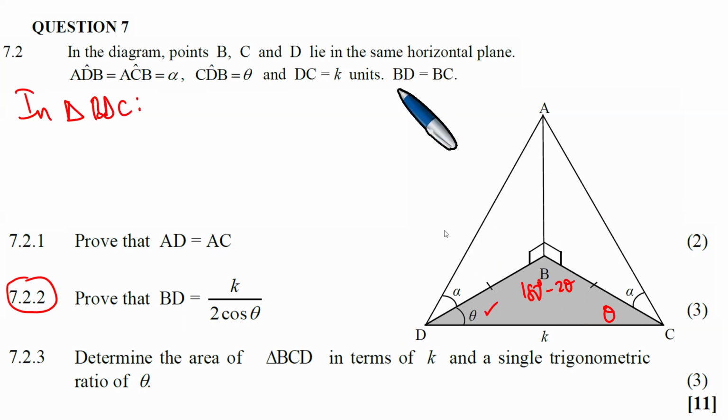Okay, good. Which triangle should we use? Obviously it can be any triangle, but it is a triangle that has the side BD, and that is the bottom triangle. Yes, the sine rule, because there are no square roots and other things. Here we're going to use the sine rule.